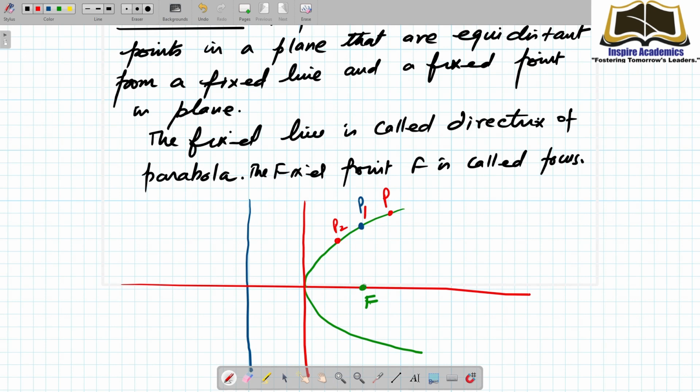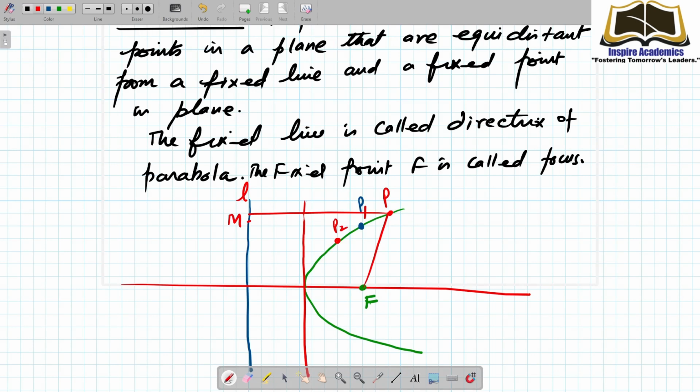Now if we join F to P and this fixed line L, the distance of P from the fixed line would be this. We can call it, let's say PM. Okay, so this is the distance.